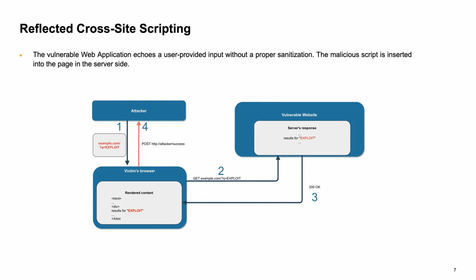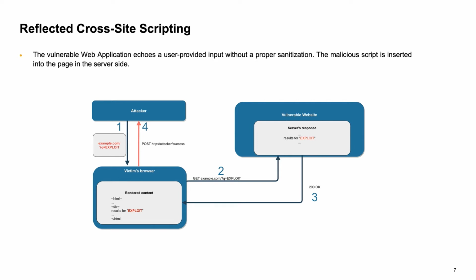Here is the first type of cross-site scripting, which is the reflected one, and it occurs when the vulnerable web application echoes some input with no proper sanitization.